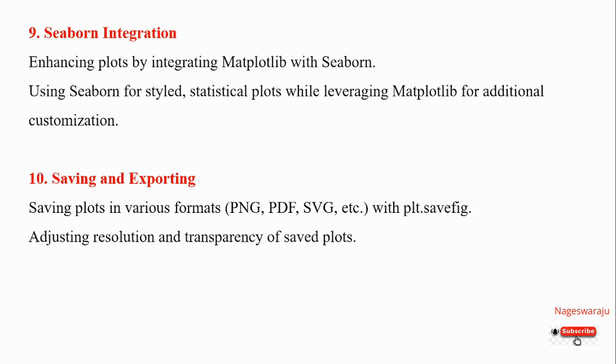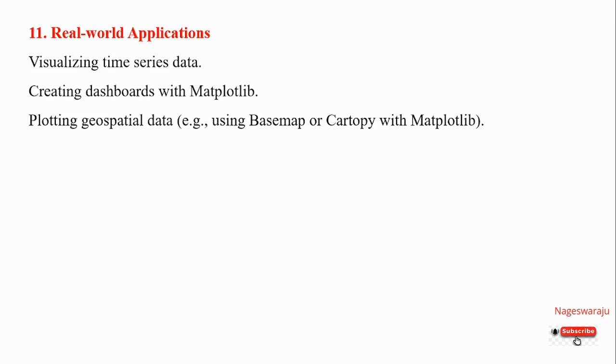We can save the data in any kind of format. Based on the format we require, we save that figure. We also need to adjust the resolution. For example, I require 3x3 format, or I require 4x4 format. We can save that data in different kinds of formats.